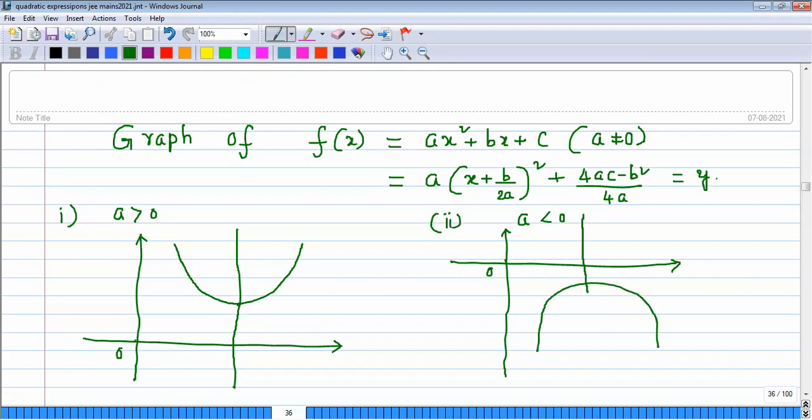Here also draw the line parallel to the y-axis. This point will be here. In this case, it is minimum. Just observe this graph. From this point onwards, it attains maximum value. Here also it goes infinitely, but this is the minimum. So that's why a greater than 0 gives the minimum.